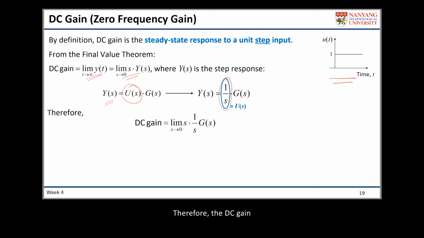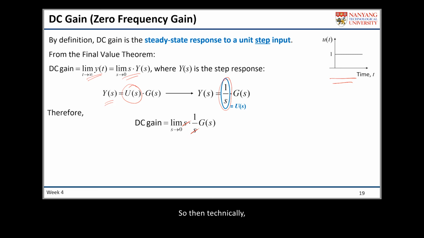You can just apply this to the final value theorem. Therefore, the DC gain will be equal to, again, the limit as s goes to 0 of s times the output Y(s). But in this case, you know the output Y(s) is equal to 1 over s times G(s), and this s will cancel the s from the step signal.